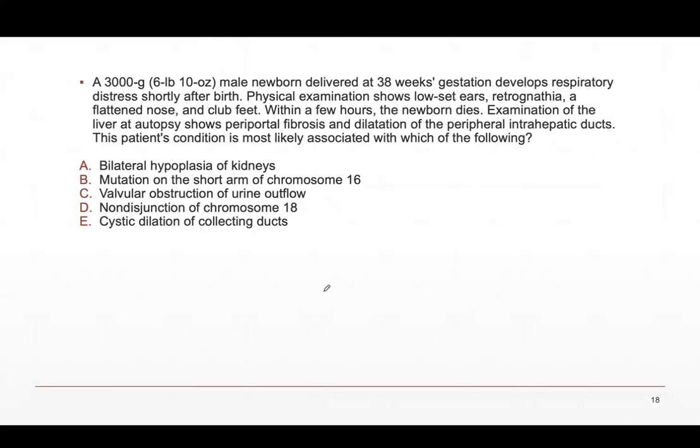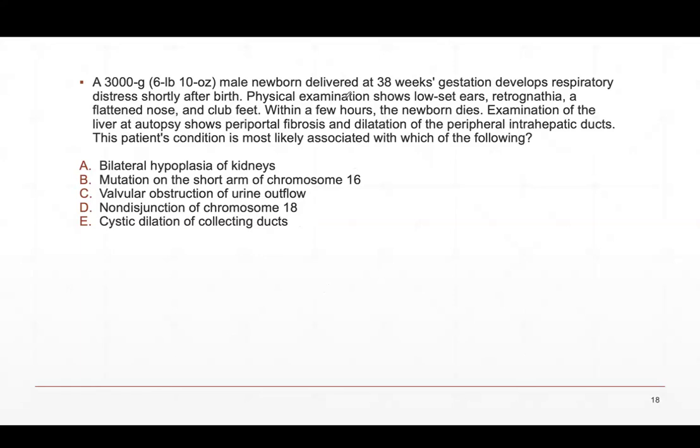So here the age is very important, as well as the autopsy. A is a good guess, but it does not explain the autopsy findings. B is a great guess as well, but it does not happen at this age.